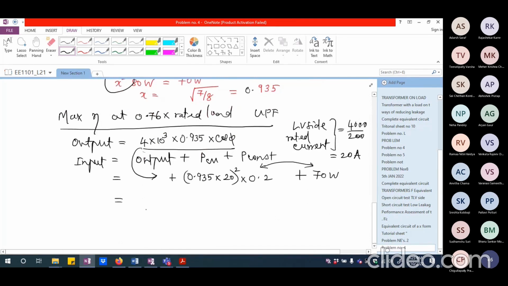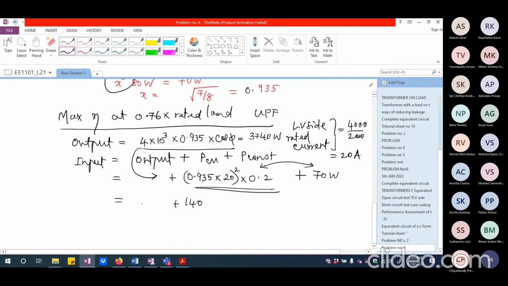So how much is the input? Can you tell me? What is the output value first of all? Cos phi is 1, 4000 multiplied by 0.935, which is 3740 watts. Here this also should be 70, so 70 plus 70, which is 140.